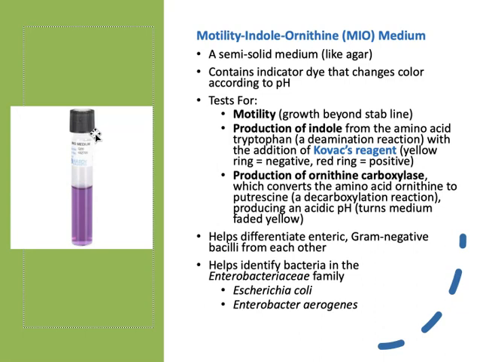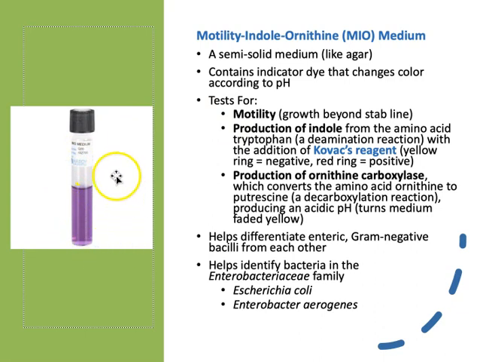This test is going to test for whether or not the bacteria is motile, whether or not it can produce a molecule called indole, and whether it can produce an enzyme called ornithine carboxylase. So 3 tests in one. The way we're going to test for motility is by how we inoculate the tube.